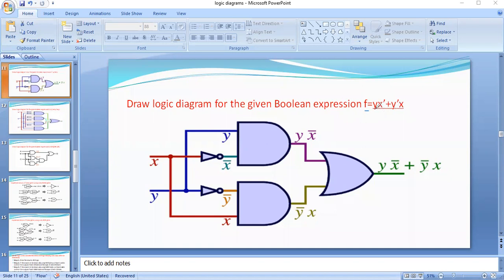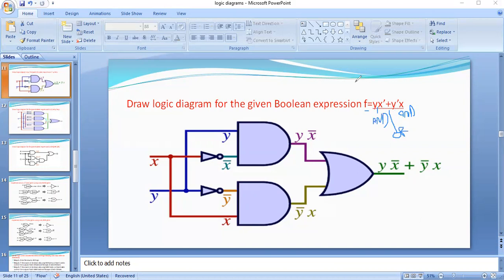See here, y dot x bar means here we have to use an AND gate. And next, y bar dot x, here also we have to use an AND gate. And in between these product terms, what do we have? Plus indicates OR operation.